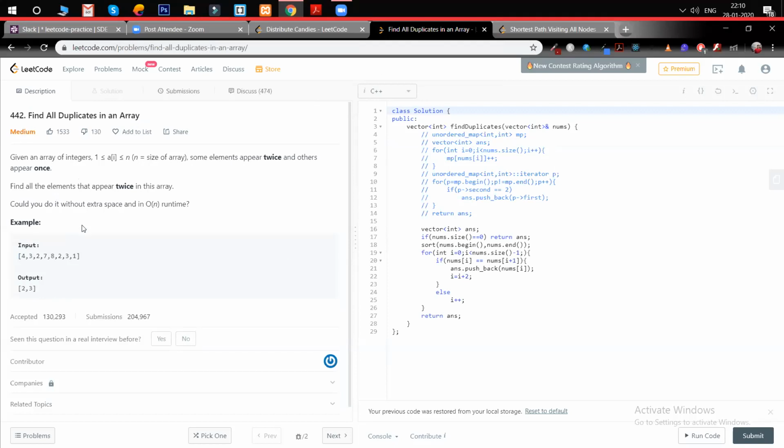Some elements appear twice and the others appear once. The catch over here is that we have to solve this question without any extra space, and in O(n) time.